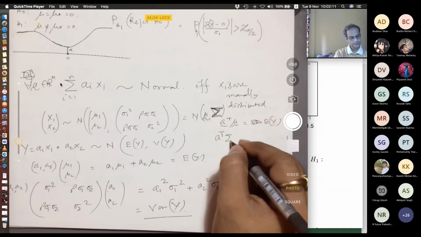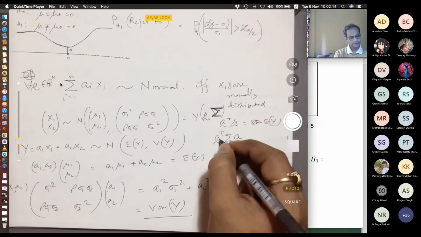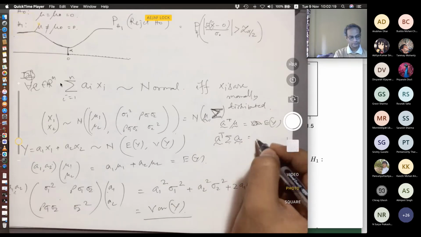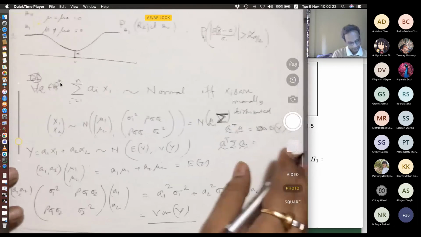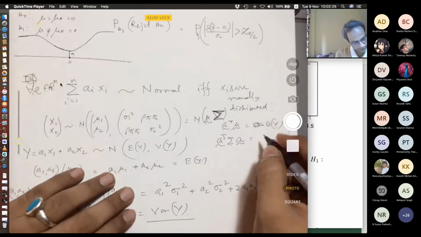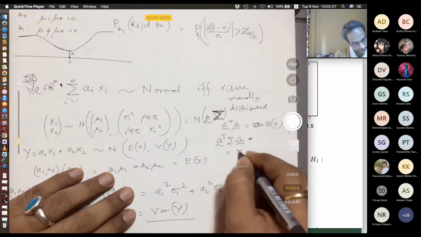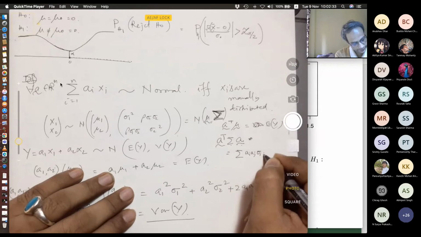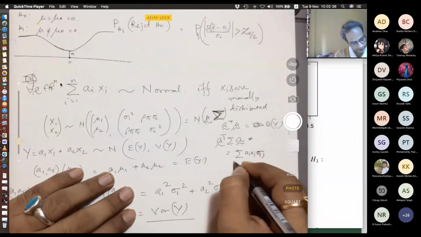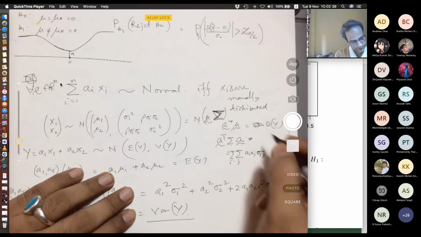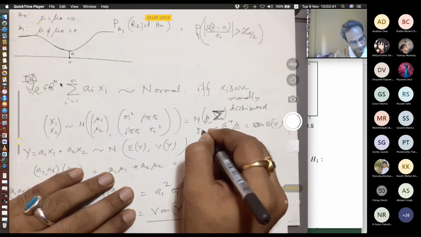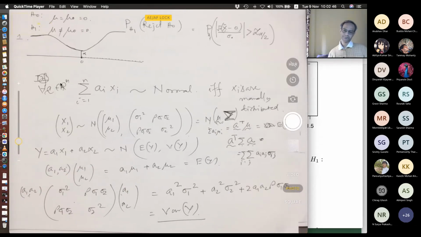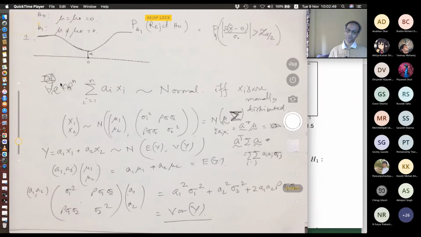This is row vector, sigma matrix, column vector. If you expand this quantity, it will be the double summation over i and j of Ai Aj sigma ij in general. This is the general form of normal.